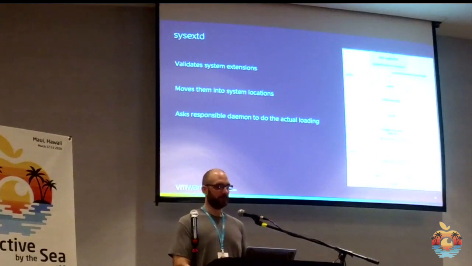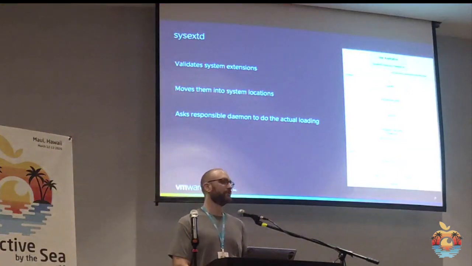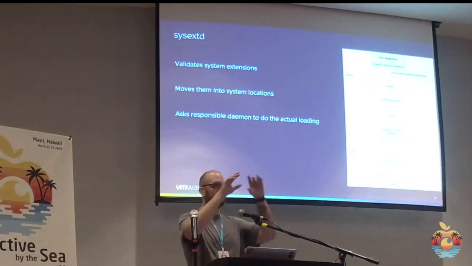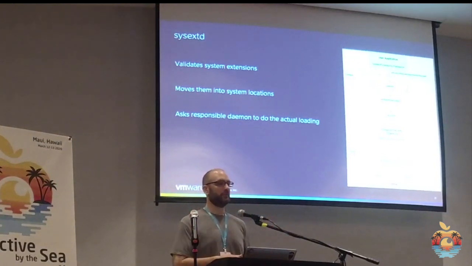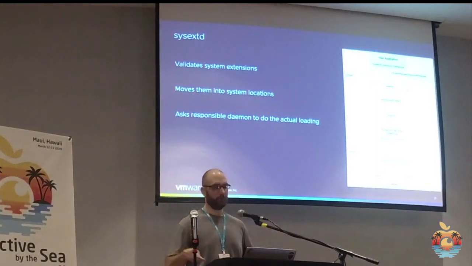So it moves things into the proper locations and then really just asks EndpointSecurity to do the real work of loading this thing. If you remember back to the first diagram I had, where it split out into three pieces, if you have a network extension or a DriverKit extension, system extension D is trying to figure out what type of extension it is, who do I need to ask to do the real work, and then going on from there.